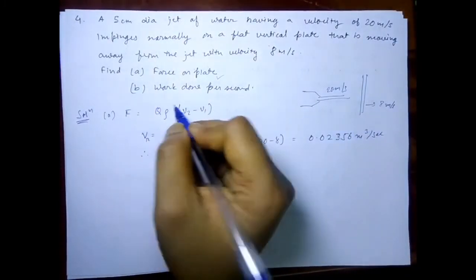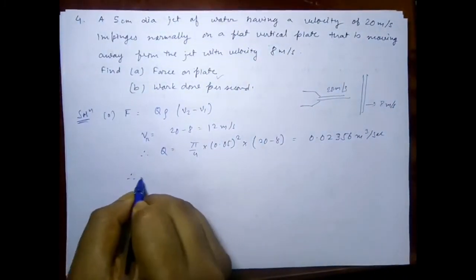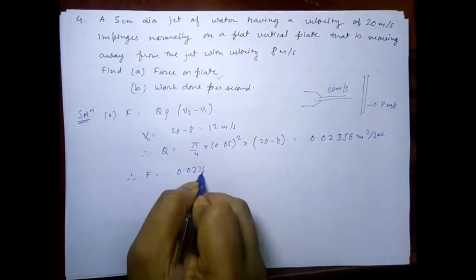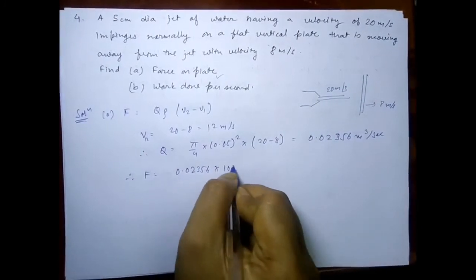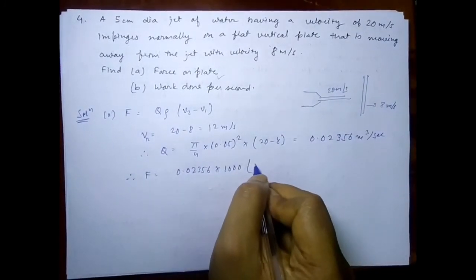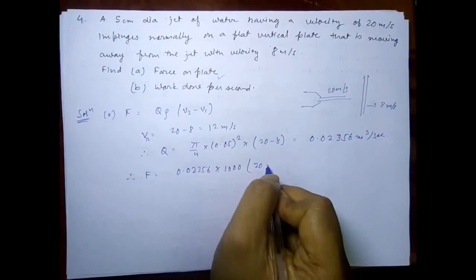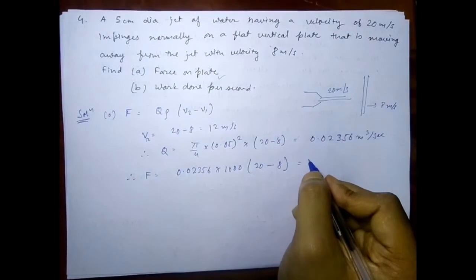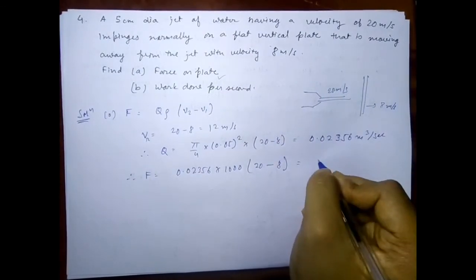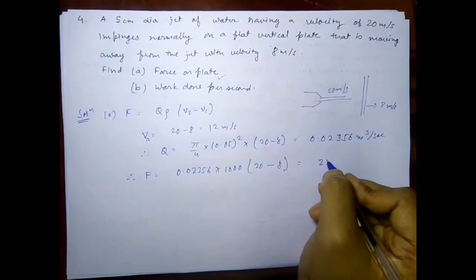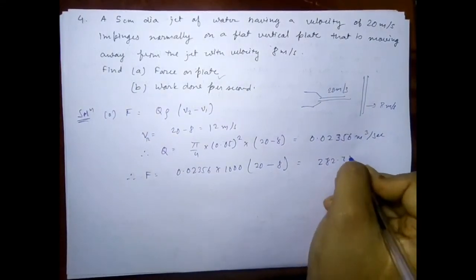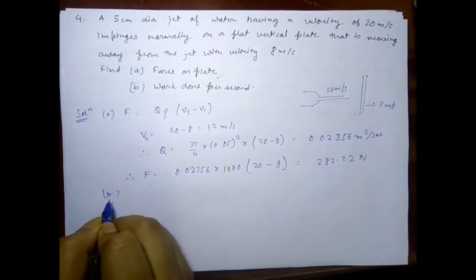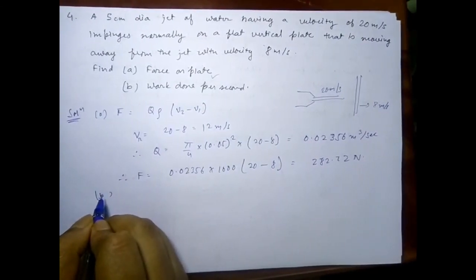Rho, as you know, will be 1000, therefore the force will be equal to 0.02356 times 1000 times (20 minus 8), and the force is equal to 282.72 Newton.